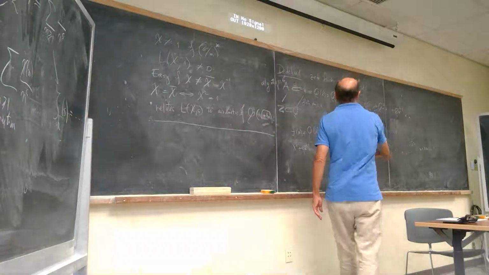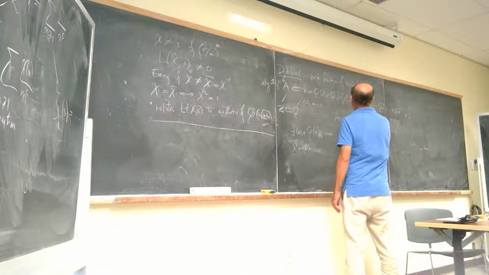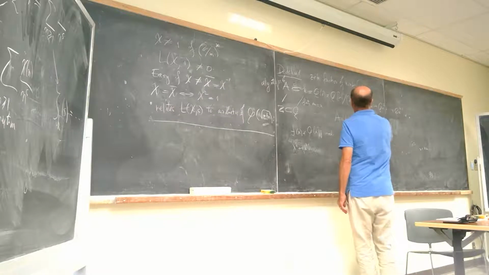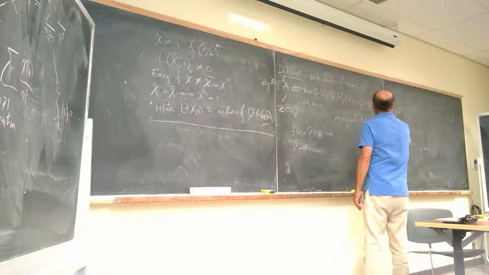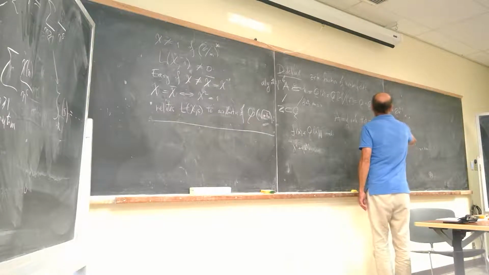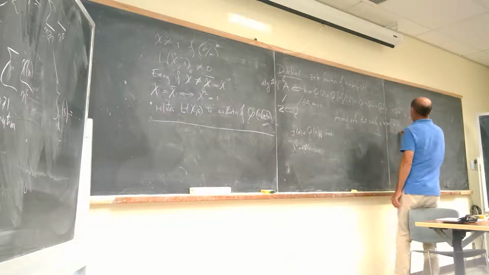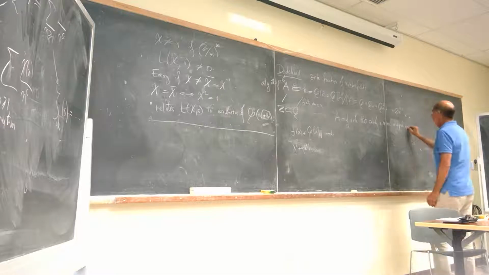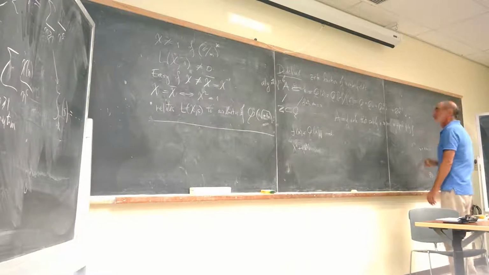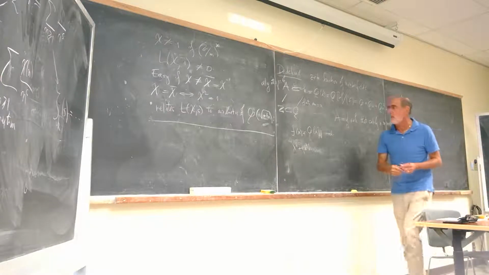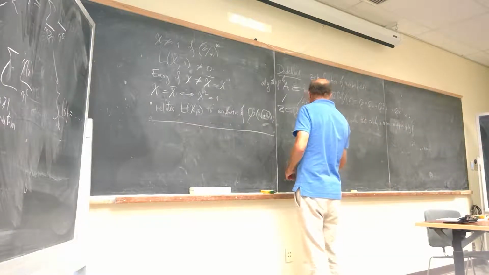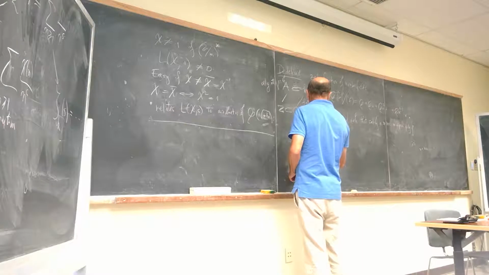So the algebraic integers are by definition the elements alpha in K that satisfy a monic integral polynomial. That's what an algebraic integer is. It satisfies a polynomial which is monic, where all the coefficients are not just rational numbers, but integers.